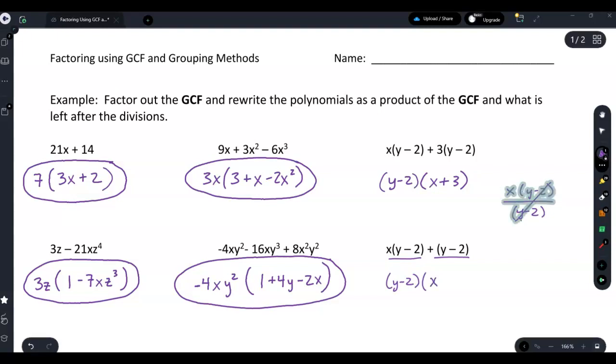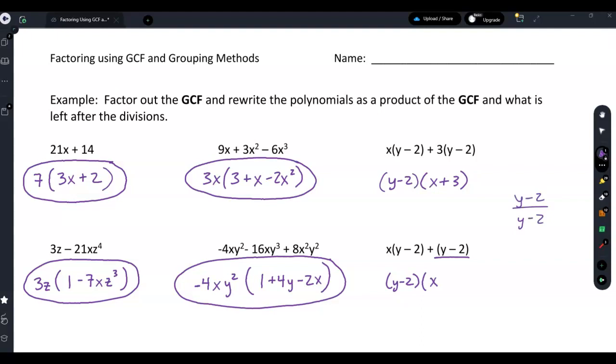And then on the second part, if I take this term of y minus 2 and divide it by the GCF of y minus 2, anything over itself is 1, in this case, plus 1. And so this would be my answer. Once I factored out the y minus 2, that left me with x plus 1, and that's my final answer.